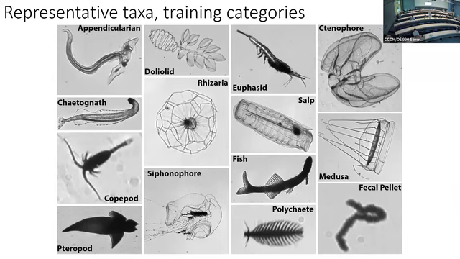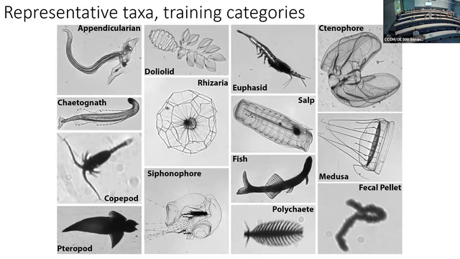And so again, I just want to highlight the image set I'm working with. For these machine learning models, we need to spoon feed it all this labeled and classified data. And so I'm starting with these relatively coarse groups covering the major players in the zooplankton community we're seeing at this site.